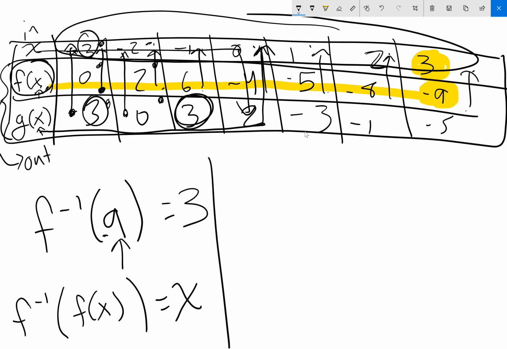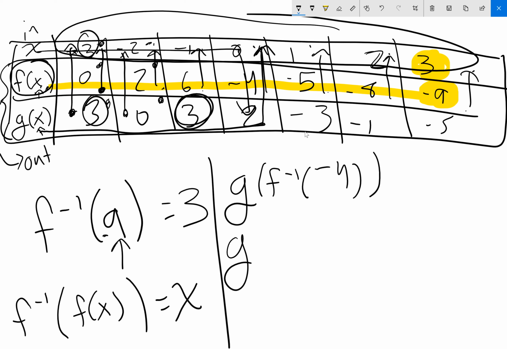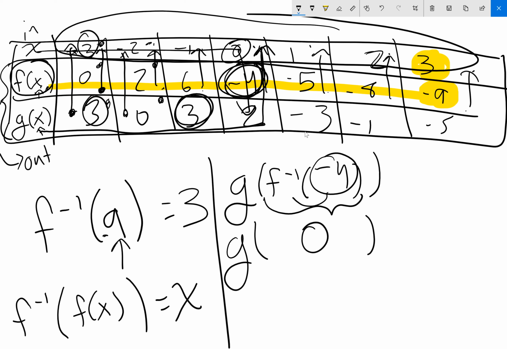Now we're entering composite function mode. Still using inverses though. Okay, so whenever you do composite functions, go inside out. So let's first figure out what f inverse of -4 is. So the input is f of x, right? So when f of x equals -4, which is right here, what is our x? It's 0. So we can just switch that to 0 because it means the same thing.